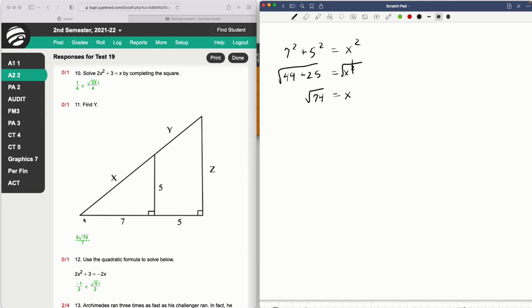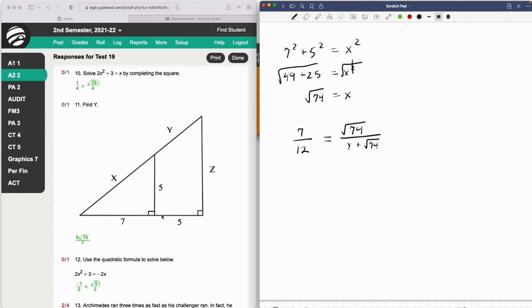And if x is corresponding to the 7, then the square root of 74 goes on top. And then on the bottom, we have the y value plus the x value is square root of 74. And the reason we have that is because on the bottom we had the corresponding leg of 7 that goes with the x plus the corresponding leg of 5 that goes with the y. 7 plus 5 is 12.